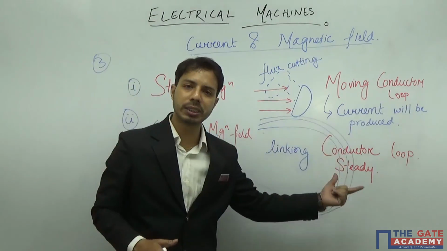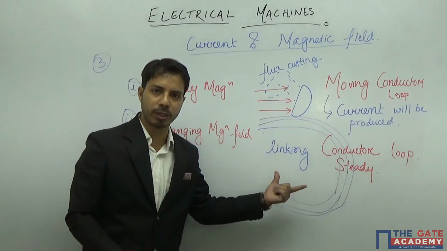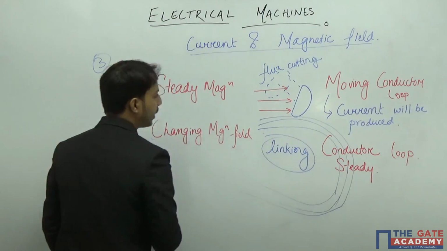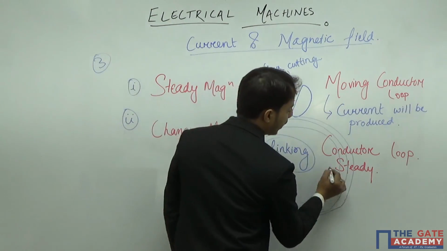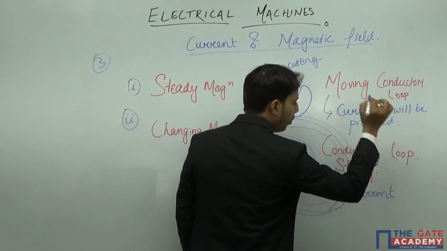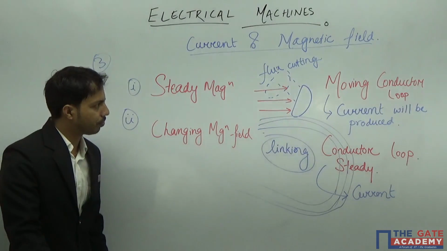But if the conductor loop is steady and the flux that is linking is changing with respect to time itself, then I can say current will be produced. So this is very, very important.